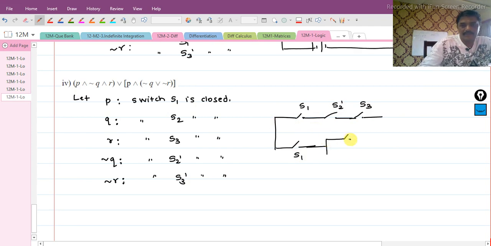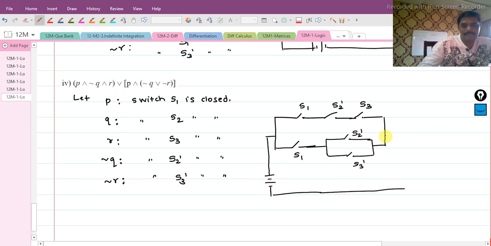I'll put it like this. This is negation Q मतलब S2 dash and negation R मतलब S3 dash. और इन सब के यहाँ पे बैटरी लगा दी है. We put the battery like this. यहाँ पे lamp. Is this clear to you all? Any doubts about that? That's the answer to the fourth question.